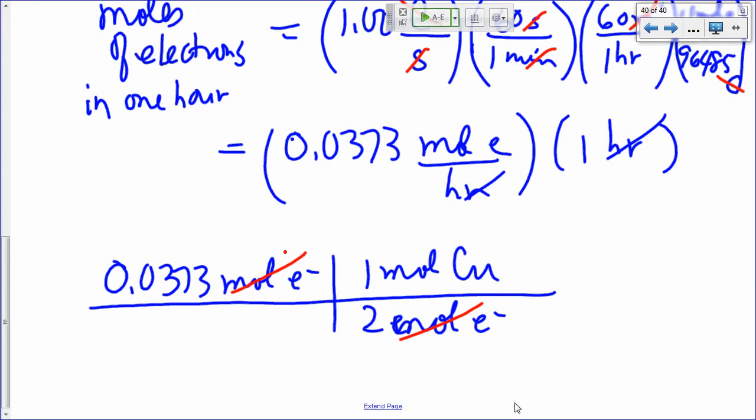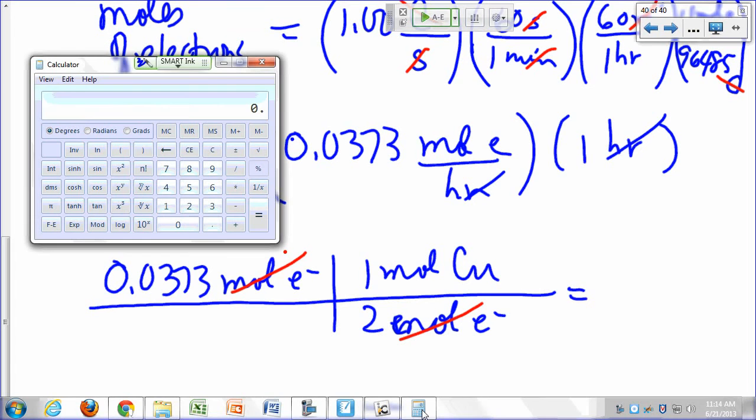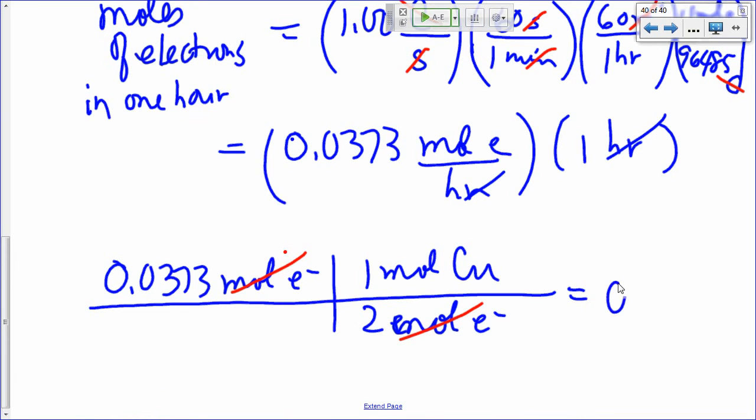That cancels out. So that gives you 0.0373 divided by 2, which is 0.0187 moles of copper. And how many grams is that?